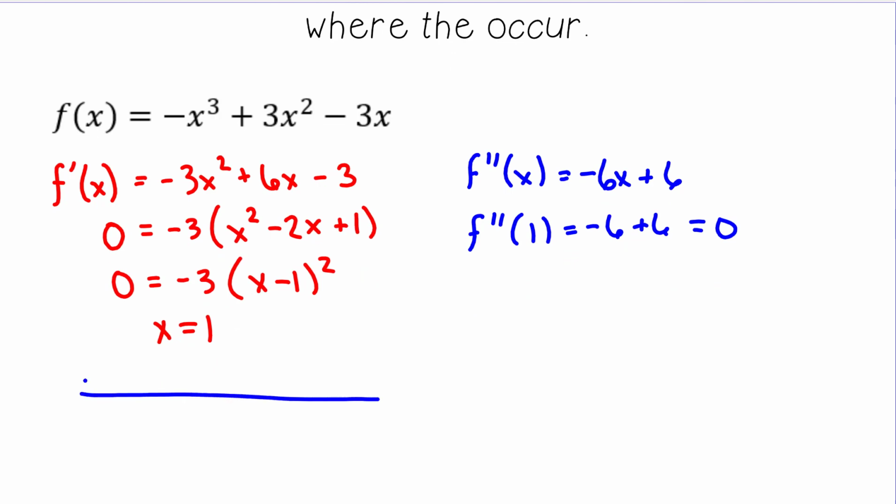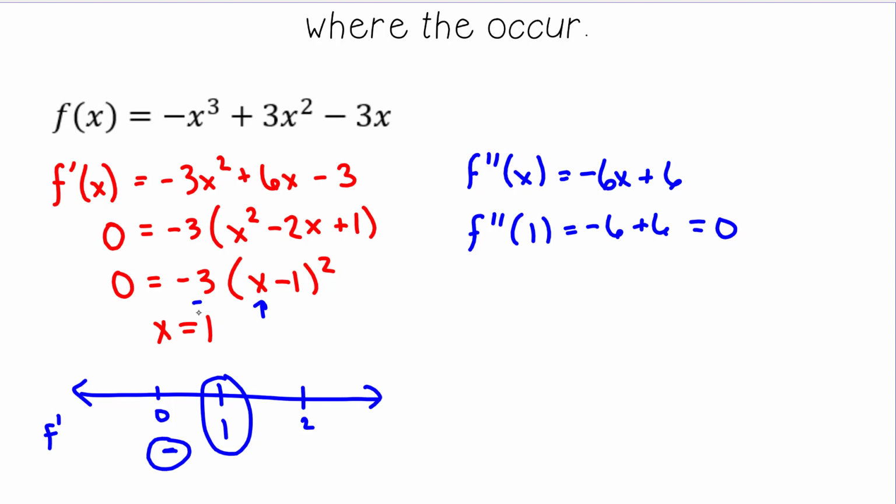So what I would do for the first derivative test, again, is make a number line. I would put 1 on it. And I'm going to test a number before and after your critical value. So if we plug 0 into our first derivative here, we have a positive number and then a negative number. So overall, this is negative.